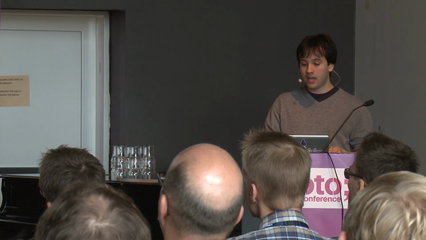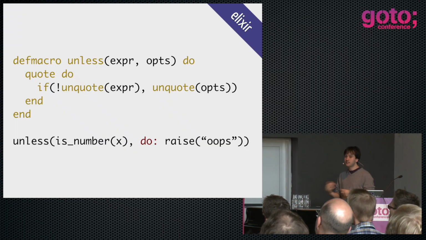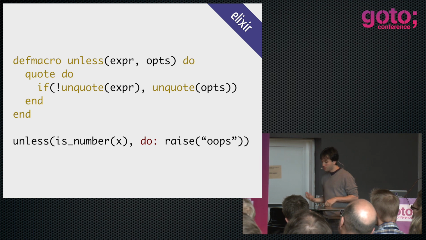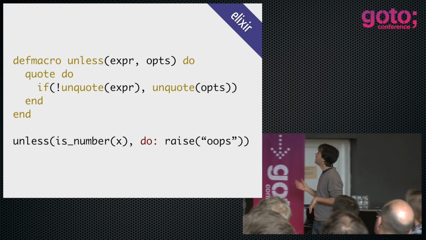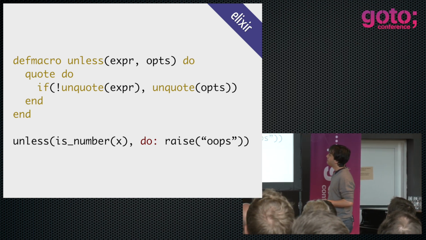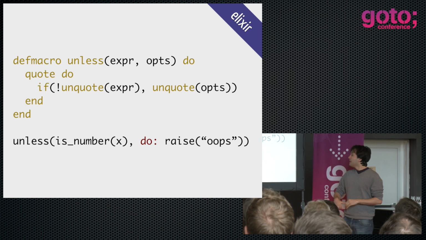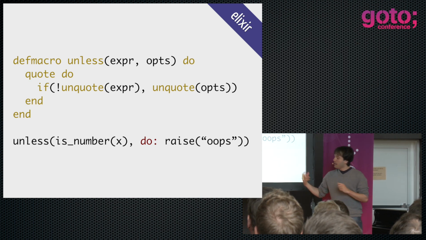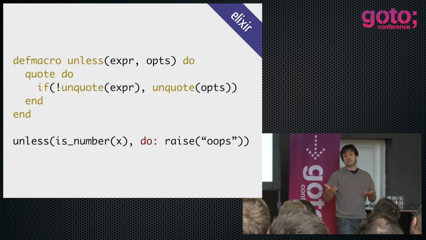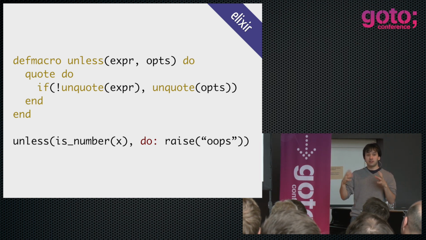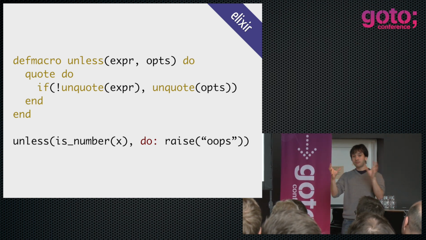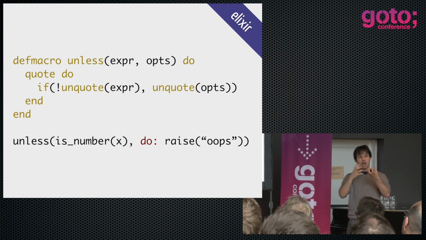And the way we do that with Elixir is that we have a macro system that's very similar to how macros work in Lisp. So here is some Elixir code. In many programming languages, you have if and unless, right? In many languages, they are keywords. They are something special that the language knows how to handle, how to compile.